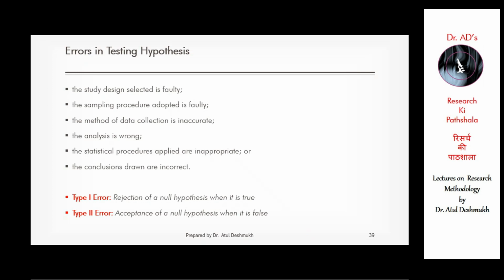The analysis is wrong. During analysis, we know certain tests and we try to apply those tests. For analysis, data is the most important part. You first have to decide the variables and measurement scales in the data, and whether the data is parametric or non-parametric. If you know only the parametric test and apply it regardless, that is not acceptable. If your data is not following all the standards and procedures of parametric data, then you should go for a non-parametric test. There are different types of tests, parametric and non-parametric, for quantitative data.